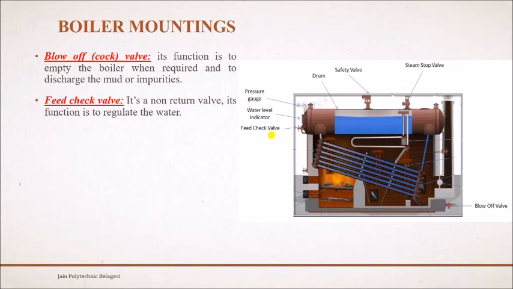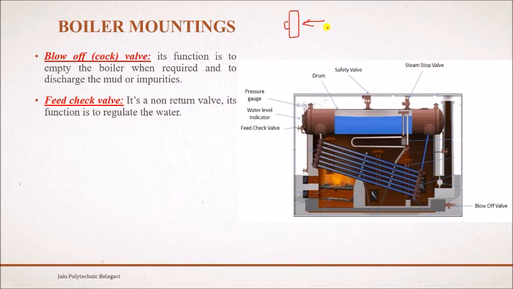For example, I'll just explain it here. If there is a non-return valve here, and the water has to be fed from the right side to the left side, the water will flow only from right to left, and it cannot be reversed. You cannot obtain water flow from the left side to the right side.